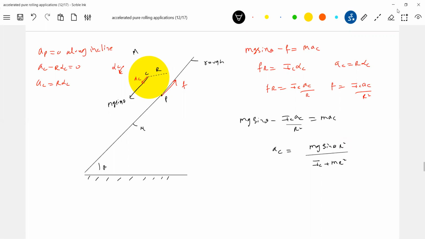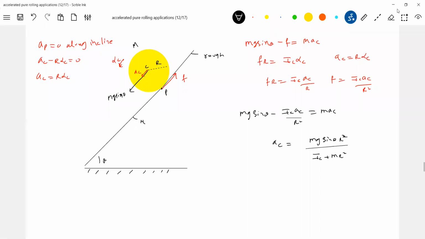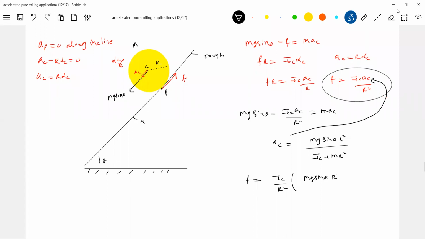Let's focus on the friction. Let's get into the friction here. So let me substitute directly the value of AC here. That's all, nothing to do in this equation. If I substitute this here, the expression for F will be IC by R square times mg sine theta R square by IC plus MR square.